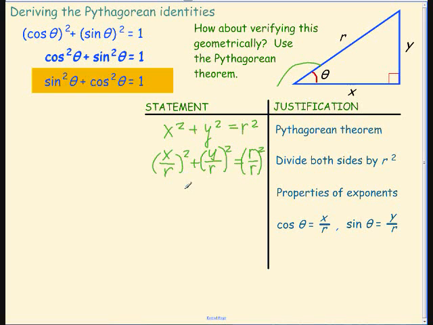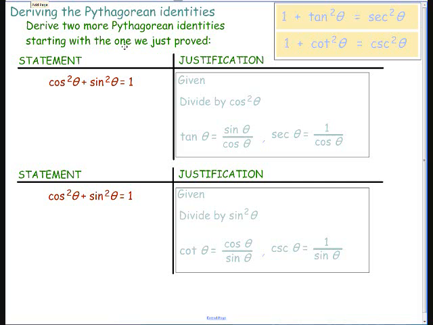True? That will become then, let me grab it, cosine squared, that's what this is, right? Plus sine squared equals 1 squared. So we're using the Pythagorean theorem to justify the Pythagorean identity.